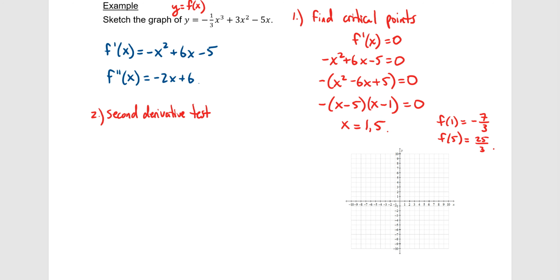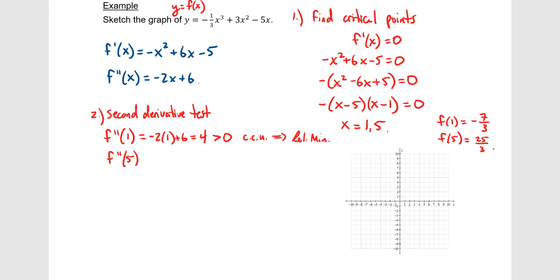So we're going to use the second derivative. We're going to plug in our x values. And when we plug in 1, we get negative 2 times 1 plus 6, which is 4, which is positive. So it's positive, that means it's going to be concave up, which means it is a relative min.